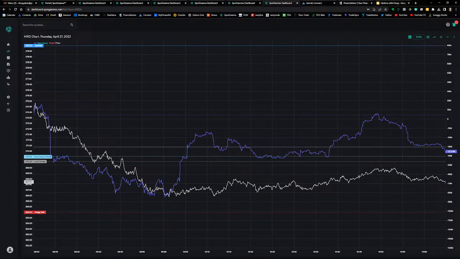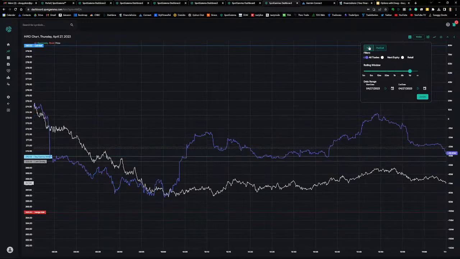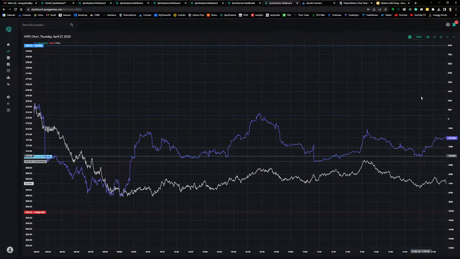And note the large block trade here. And that's usually a large institutional order. Let's see what they were doing. So they were buying puts. Let's go take a look at Bookmap.